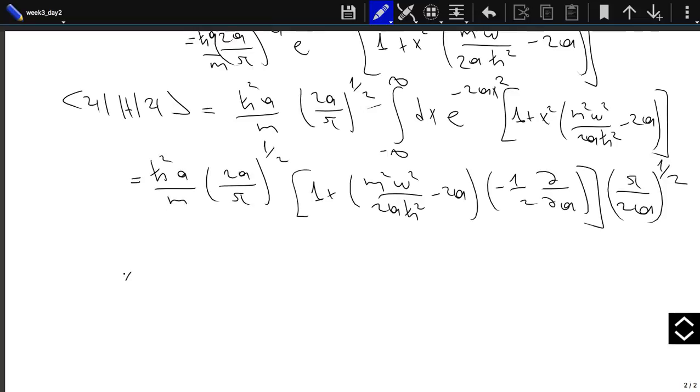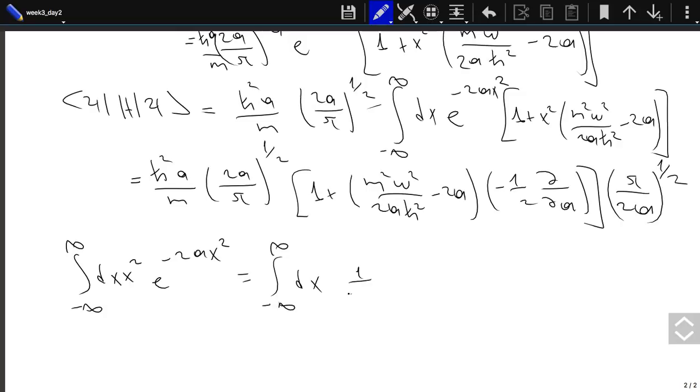Okay, let's do it. We need to calculate this integral, right? e to the power minus 2ax squared. This is the integral we want. That is one of the integrals that we want. This I can write as from minus infinity to infinity dx 1 over minus 2 del over del a of e to the power minus 2ax squared. Because if I take the derivative with respect to a, I get minus 2x squared, and that minus 2 cancels the minus 2.